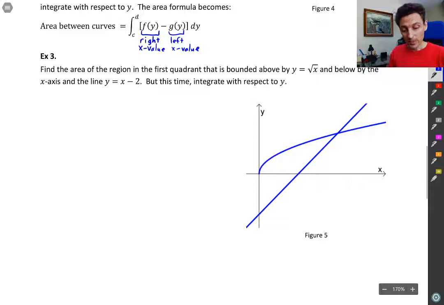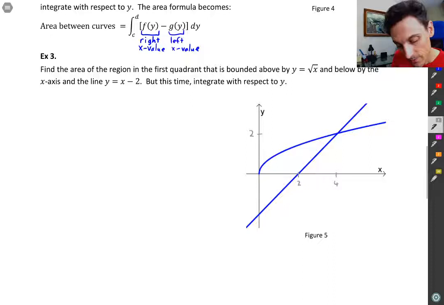So in example 3, let's do the same problem as example 2, but now use horizontal rectangles. We already know where the intersection points are. Here, the most important values we want to look at are y equals 2, because that's going to be the end of our interval, and also y equals 0, which is going to be the start of our interval.